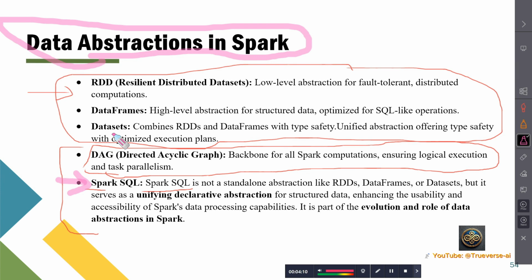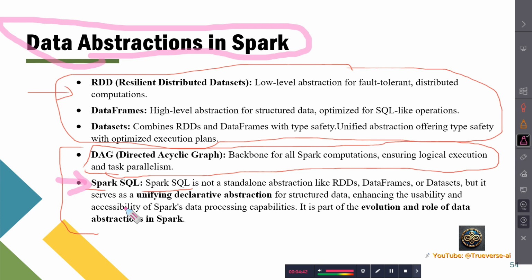And in the hands-on practice also we will touch the DAG, RDD, or data frame. So you need to remember, this is the backbone of Spark hands-on and practical concepts. Even when you participate in an interview, they will ask you this sort of question.